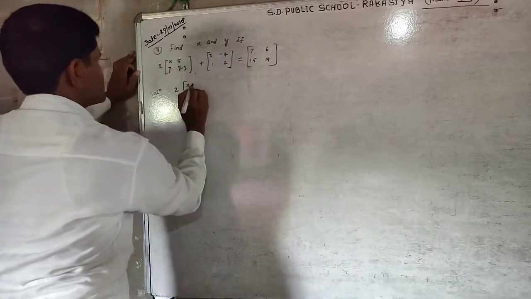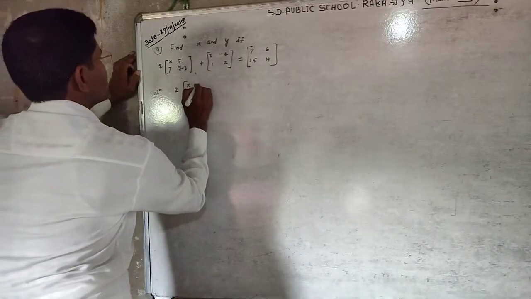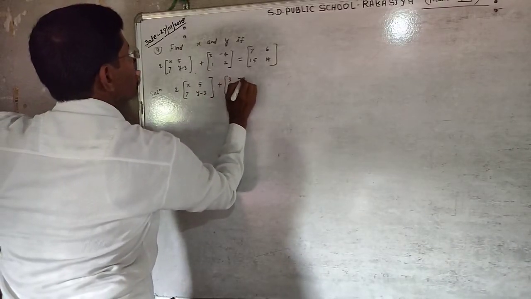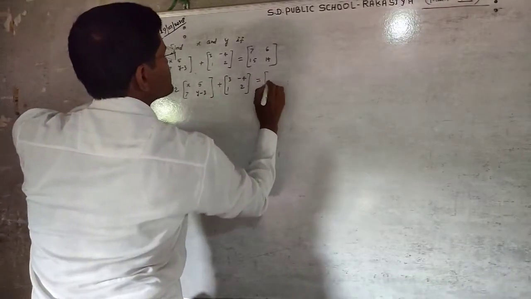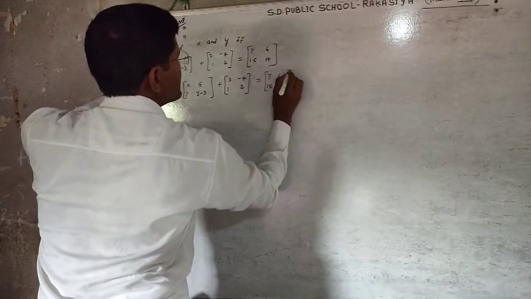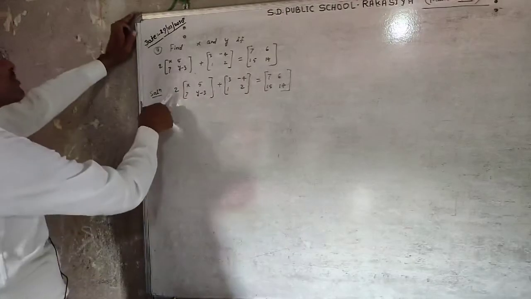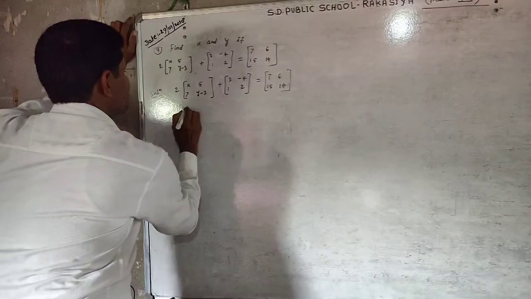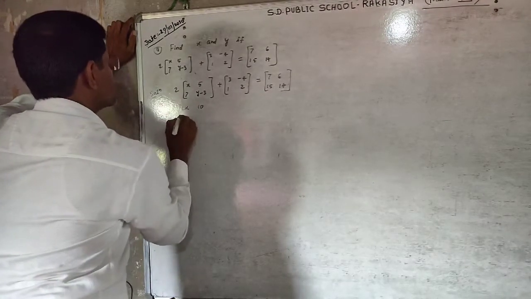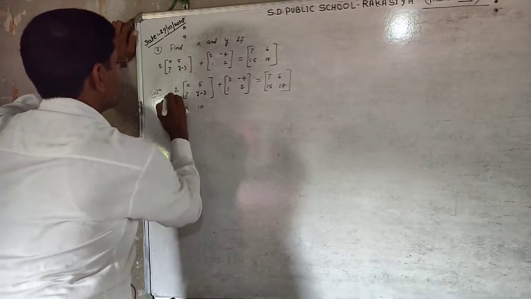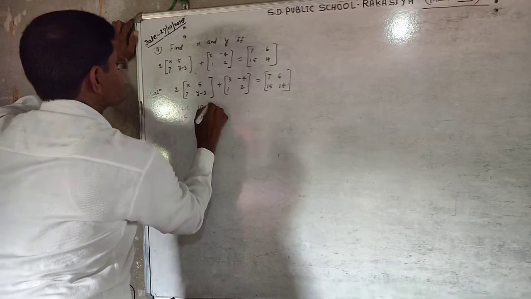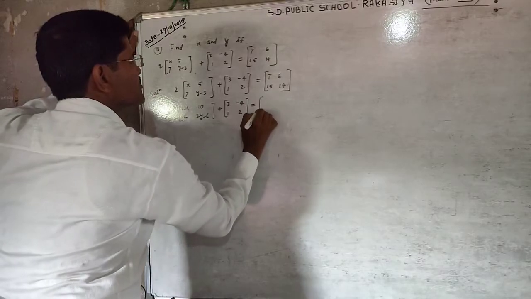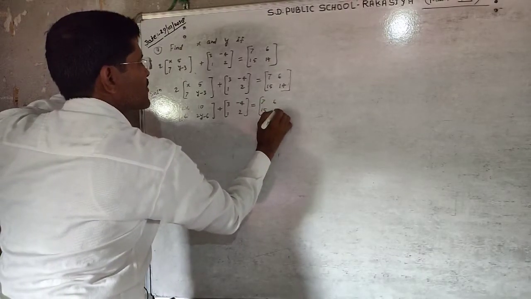Now we can simplify this. [2x 5; 7 y minus 3] plus [3 minus 4; 1 2] is equal to [7 6; 15 14]. This implies we multiply 2 with all the elements of the first matrix, means 2x, 2 into 5 is 10, 2 into 7 is 14, and 2 into y minus 3 means 2y minus 6, plus [3 minus 4; 1 2] equal to [7 6; 15 14].